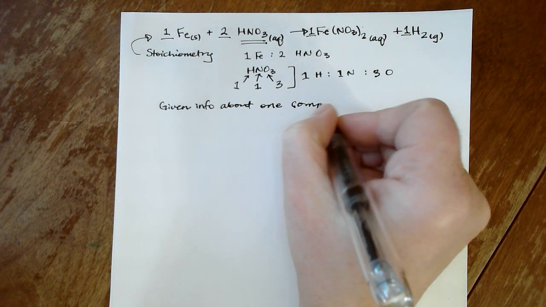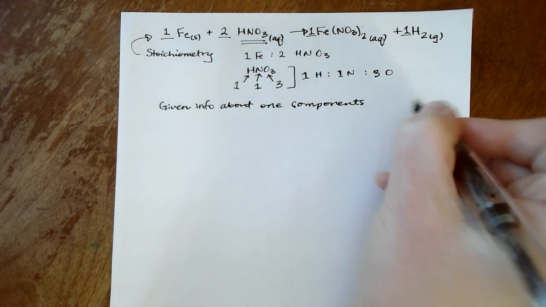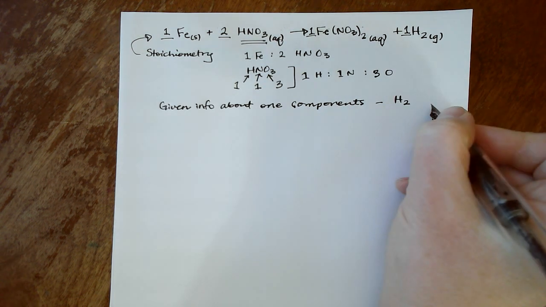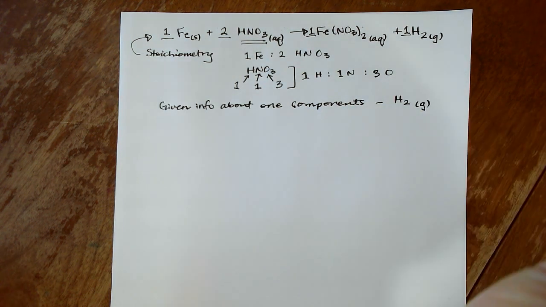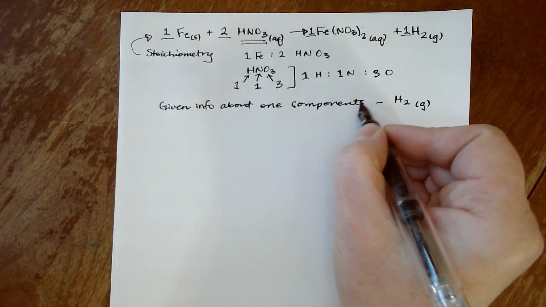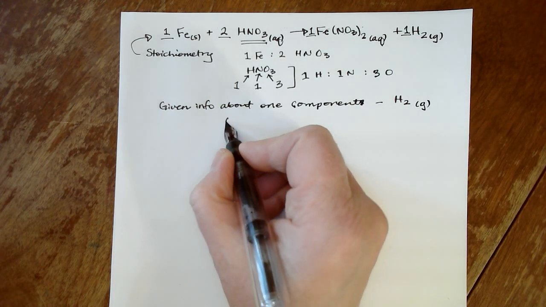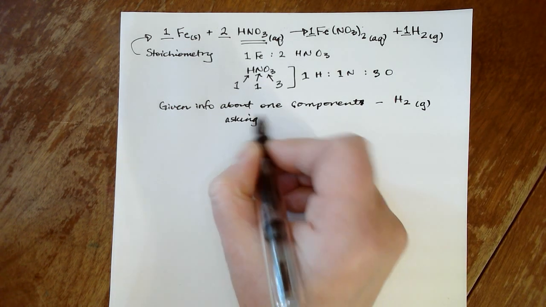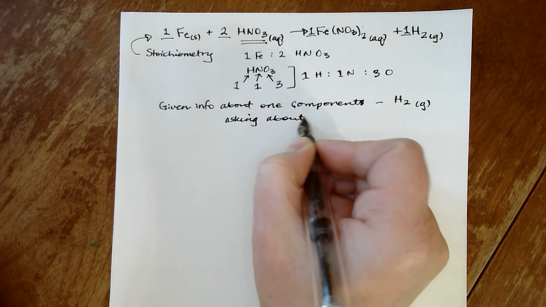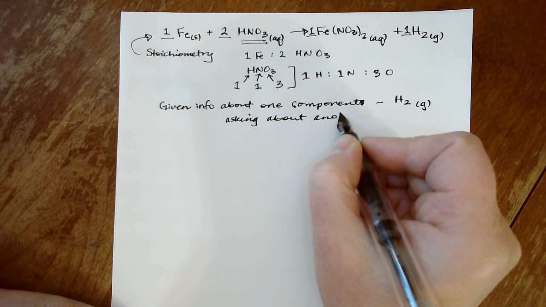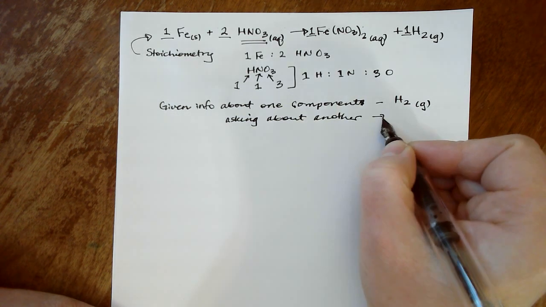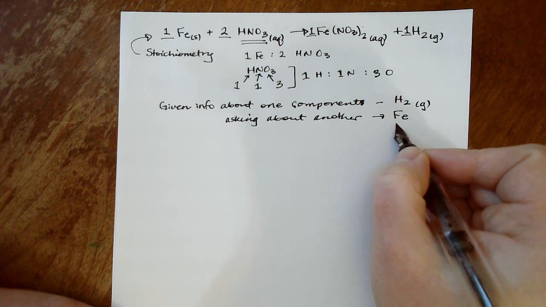Like in class yesterday, I was telling you about how much hydrogen gas or something we had. And then we are asking about what that implies about another component. So like iron or HNO3 or whatever, okay?